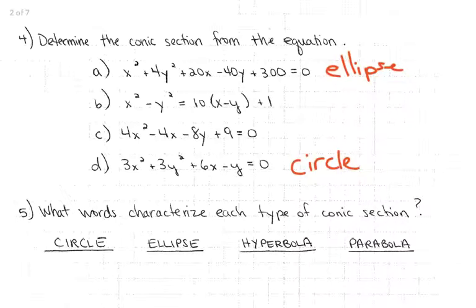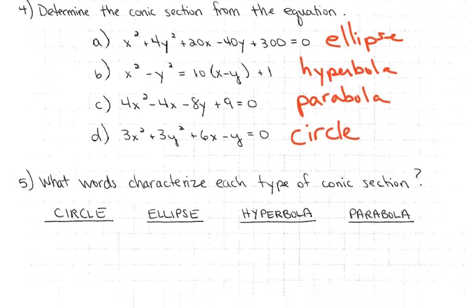If the equation has an x squared and a y squared, but the coefficients of x squared and y squared are opposites, one's positive, one's negative, it's a hyperbola. Hyperbola was the equation that had a minus sign between the factors in factored form. And if only one of the two variables is squared, so you either have an x squared or a y squared, it has to be a parabola.